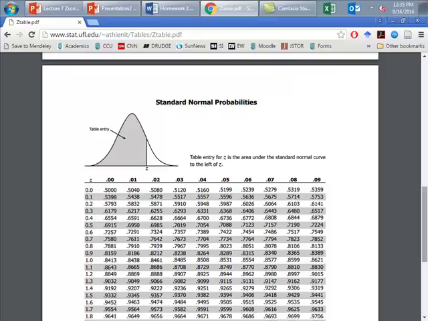The shaded area represents how many observations are under our value.